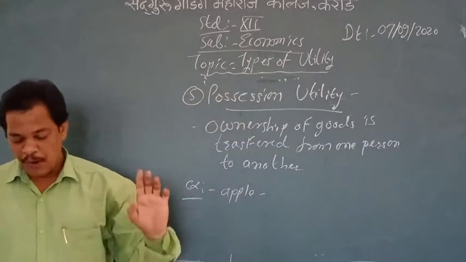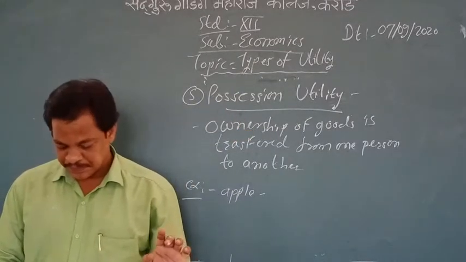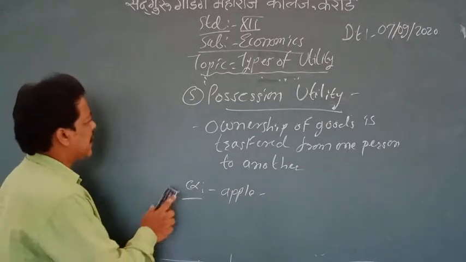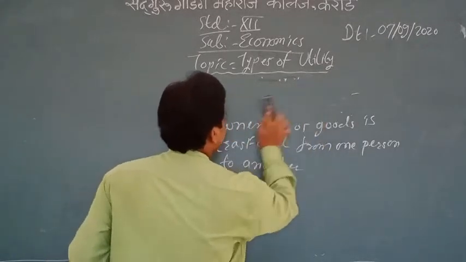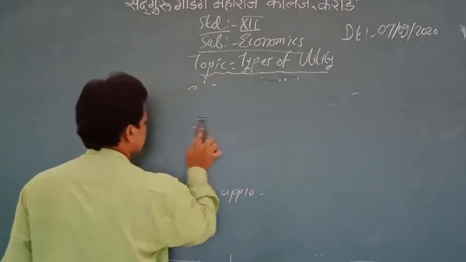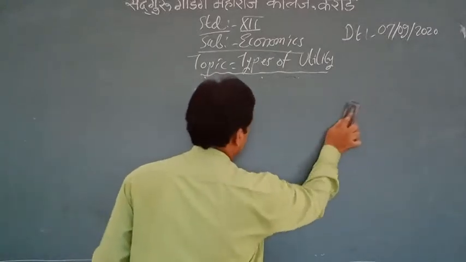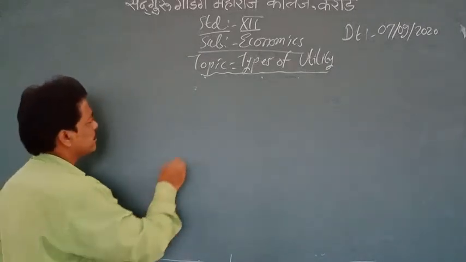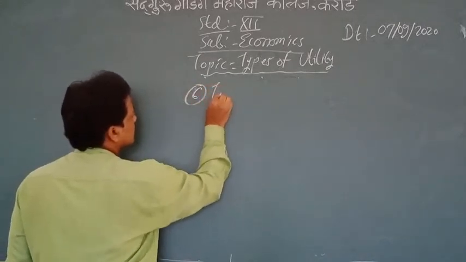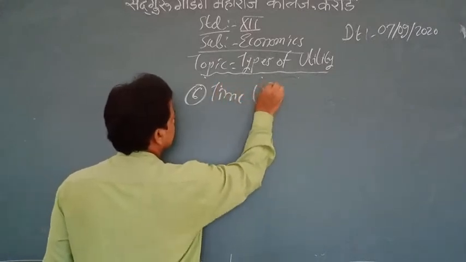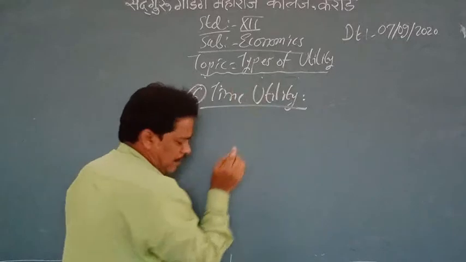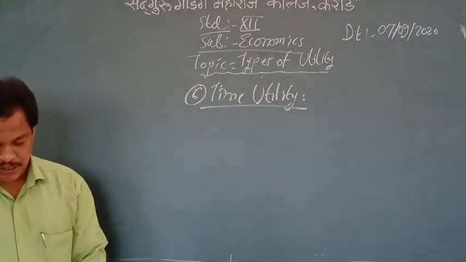Now point number 6, which is also very important, is called time utility. The last point of this type, time utility. With the help of some points, we are going to discuss all these.